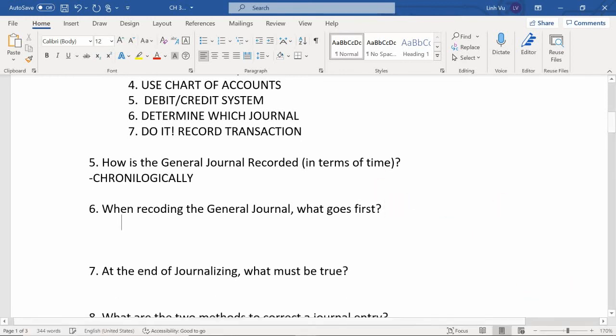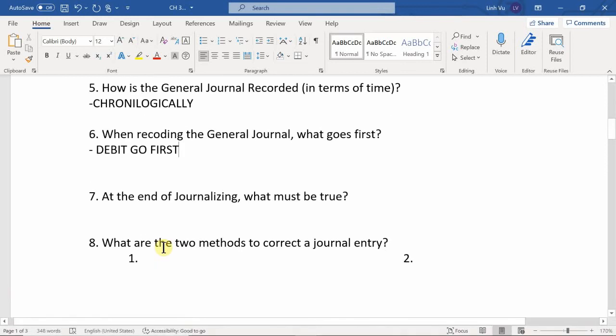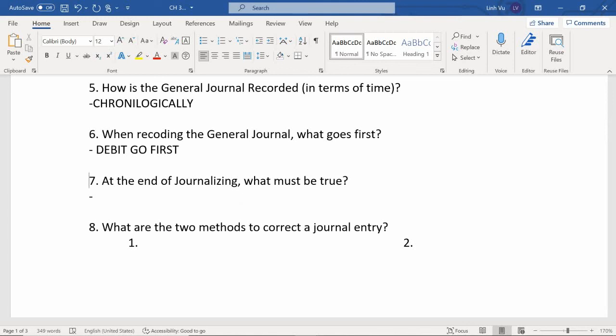Your debit accounts will always come first. So debits go first. Number 7. At the end of journalizing, what must be true? Debits equal your credits.